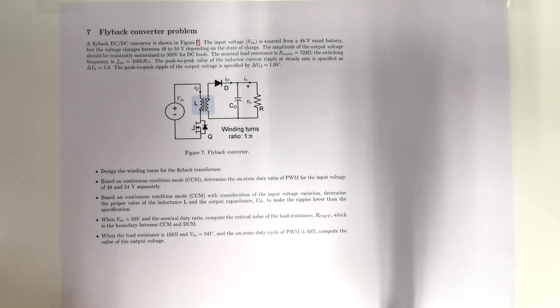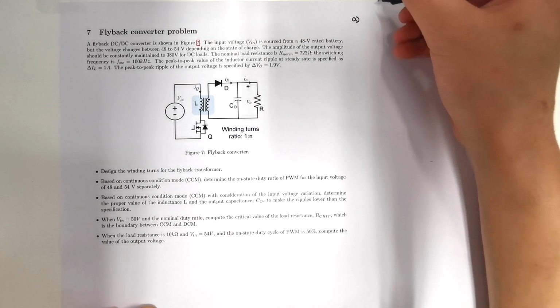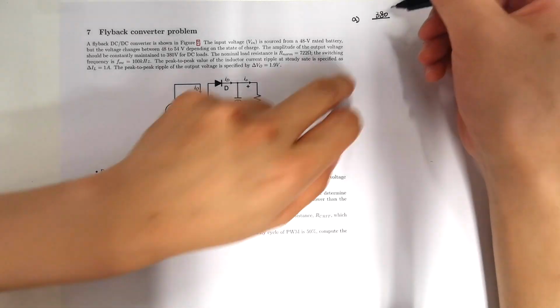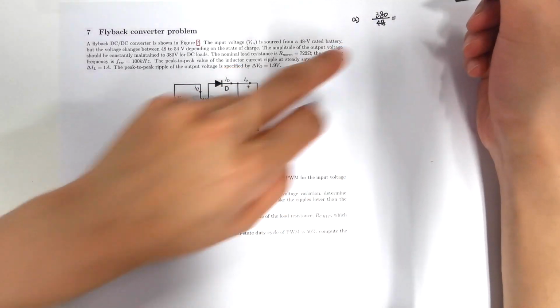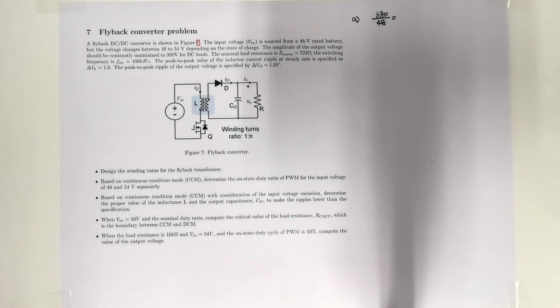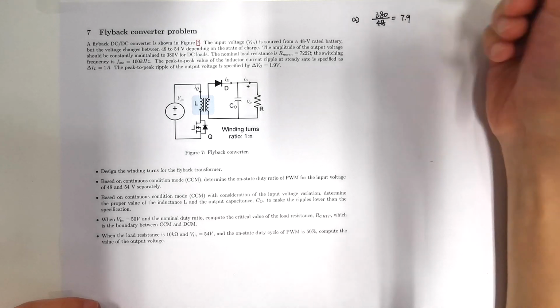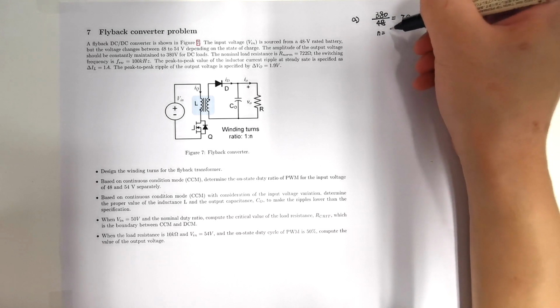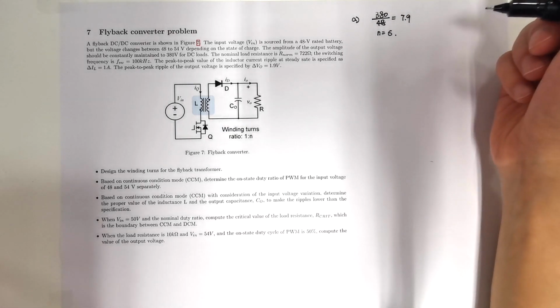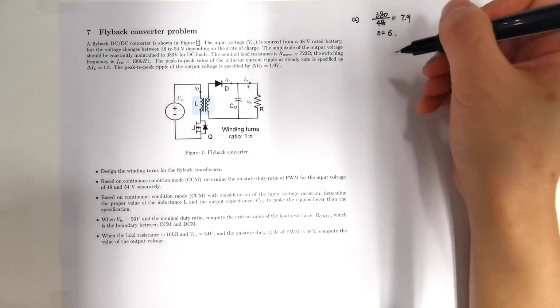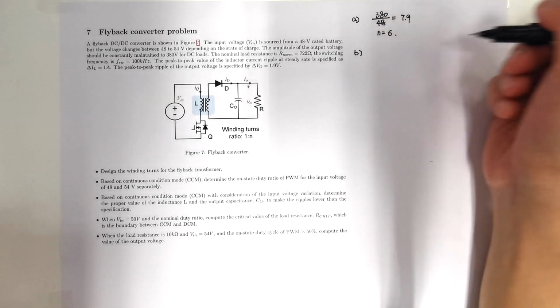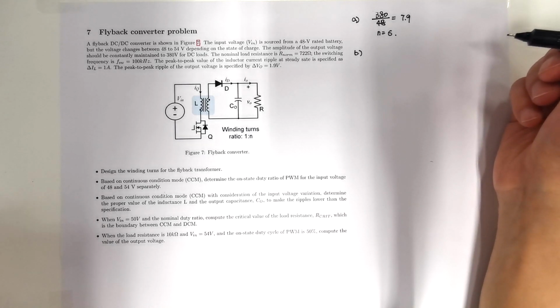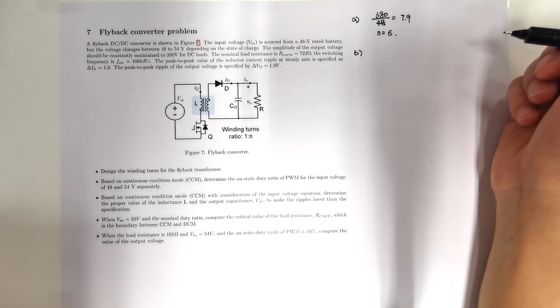The first question asks us to design the winding turns for the flyback transformer. Based on the output voltage of 380 divided by our input of 48 volts, we get a value of 7.9 something, and I will pick N equals 6. You can also pick a number that's close to this value. The second question asks us to calculate the duty ratio when the converter works in CCM mode.